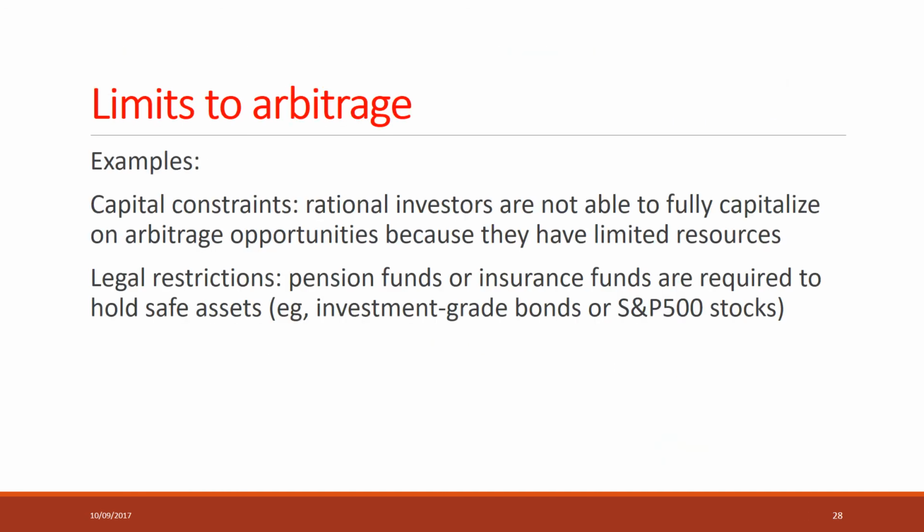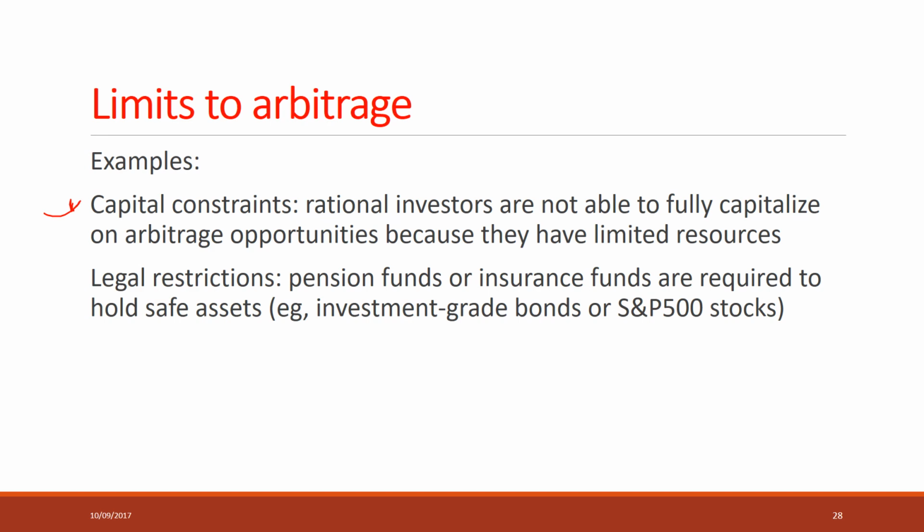So what do we mean by limits to arbitrage? Limits to arbitrage are situations where the rational investors are prevented from fully capitalizing on the arbitrage opportunity. For example, we might have 10,000 investors in the market and the mispricing is worth, say, $1 million. We have 9,999 irrational investors and we only have one hedge fund in the market.